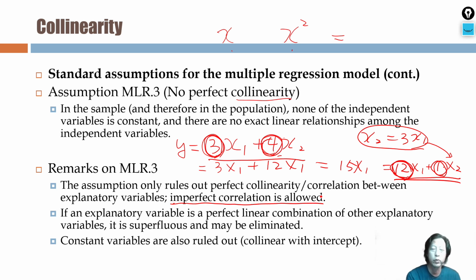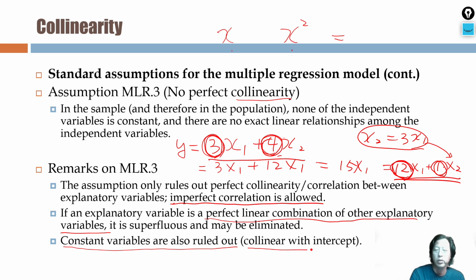So which variables should we include? If one of them is a perfect linear combination of other explanatory variables, then you should get rid of it. Constant variables are also ruled out because a constant variable will be collinear with the intercept.